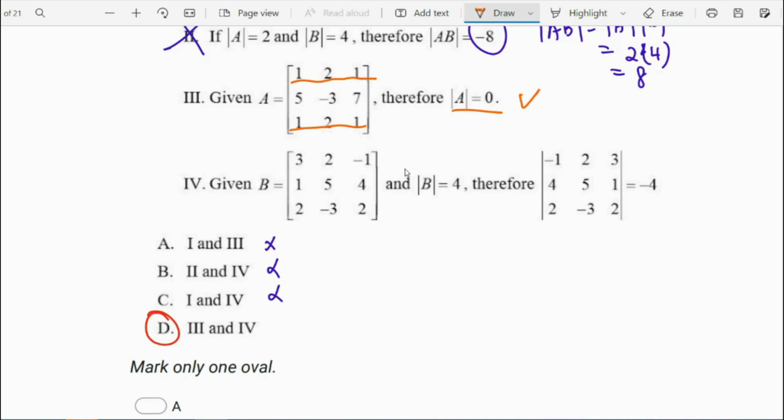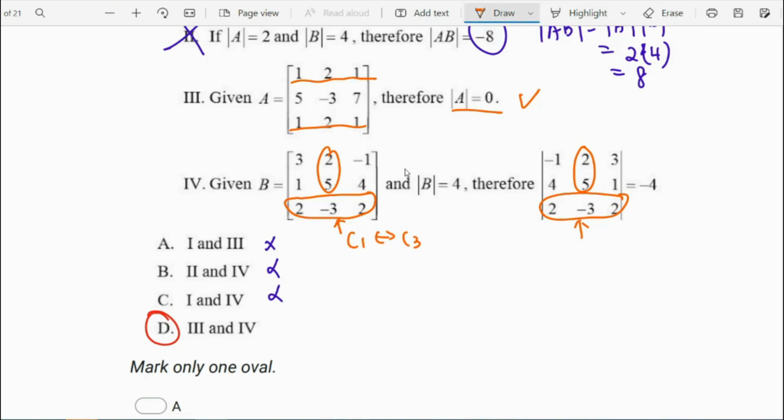Statement keempat, dia kata determinant ini adalah B. So apa kejadian matrik ini dengan matrik ini? Apa bezanya? So 2 and 5, they are still same. Last row, they are still same. Okay, so we can notice that actually the transformation is column. They are changing on column. Because 2, 2, you not notice. They are changing of column 1 and column 3.